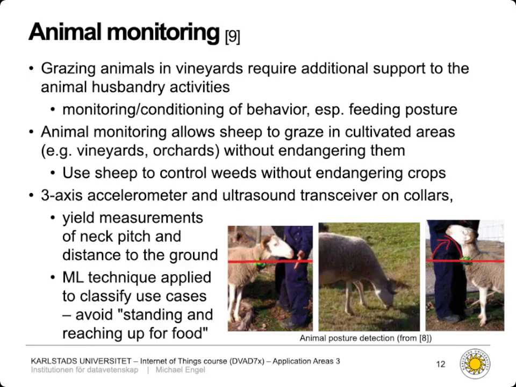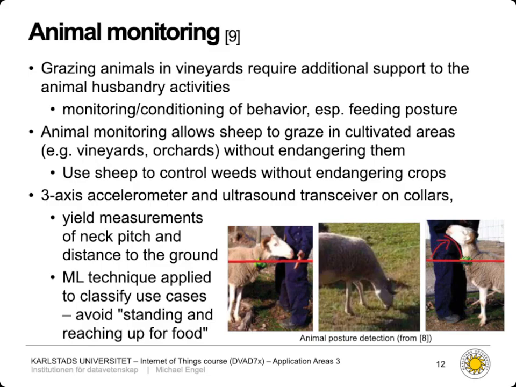And what you want, as a very eco-friendly solution, is not to put out pesticides to get rid of your weeds. If you do bioproduction, you're not allowed to do this, obviously, but you want to use animals that feed on the weeds, and so just remove them. So the problem is that you usually have useful crops in between the weeds, and of course you don't want your animals to eat the crops you're going to sell later on.